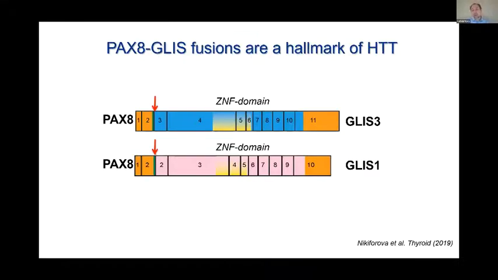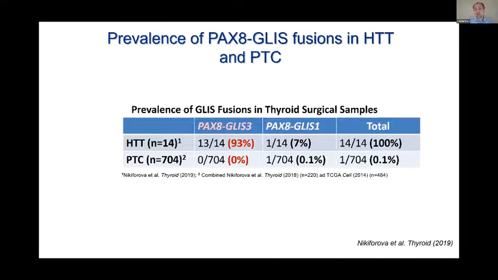Now we know beyond any doubt. Why do we know that it's not a variant of PTC? Because we and others have shown more recently that these tumors have a very specific and different type of genetic alteration, which is a fusion between the PAX8 gene, a very well-known thyroid transcription factor, and the GLIS gene. So there are two types of fusions, PAX8-GLIS3 and PAX8-GLIS1.